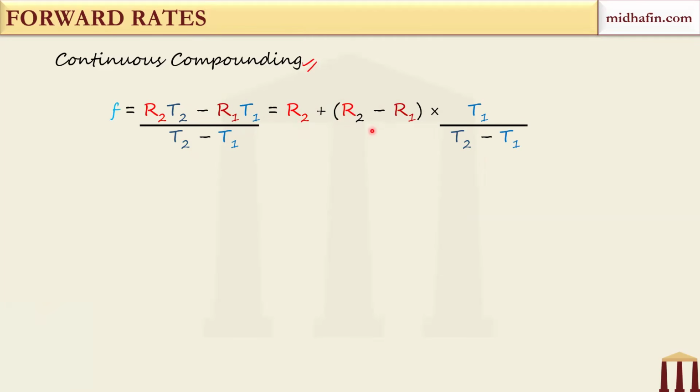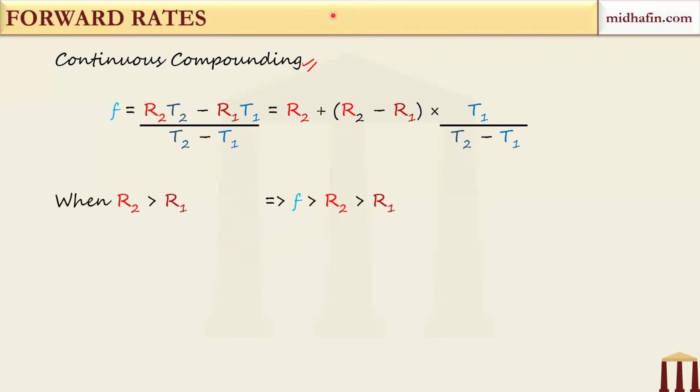The need is to show the relationship between F, R2 and R1, because this expression makes your job a bit easier. It means that when R2 is greater than R1, do you agree that F will be greater than R2, greater than R1?